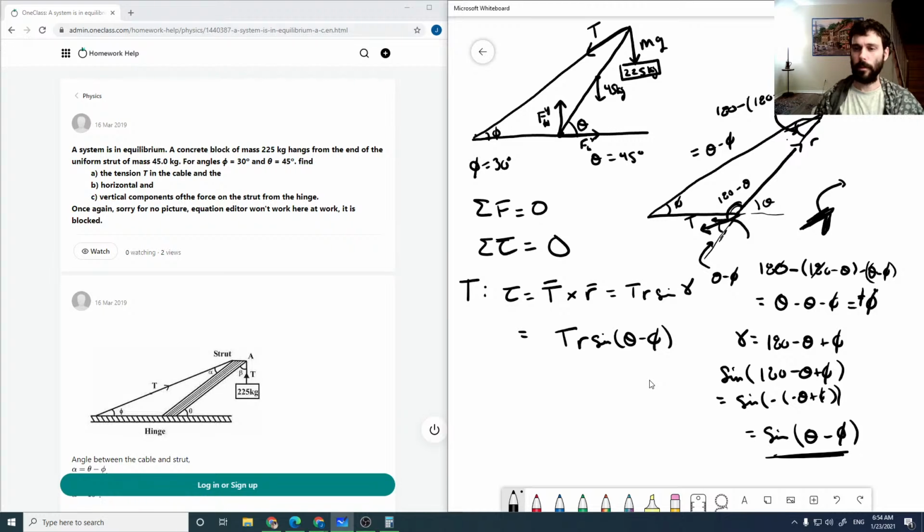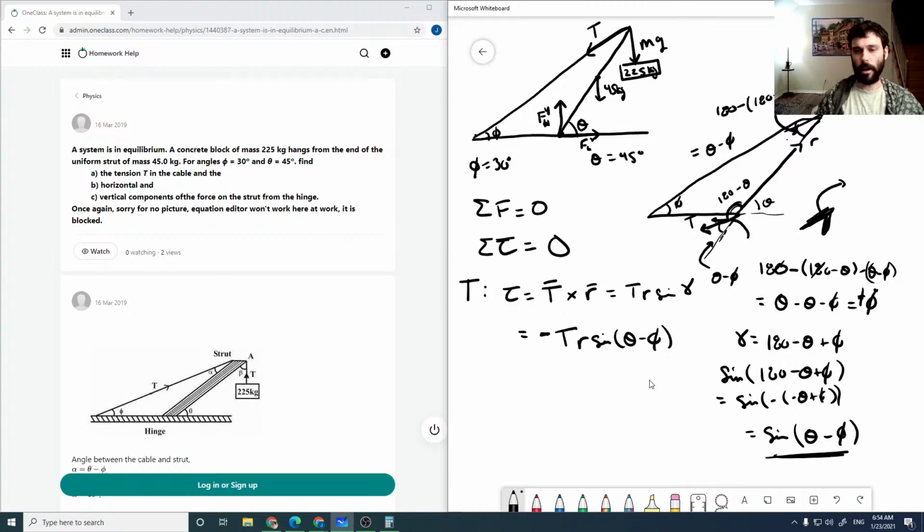And so our thumb points into the page, and I'm going to have the into the page be the negative direction for torque.